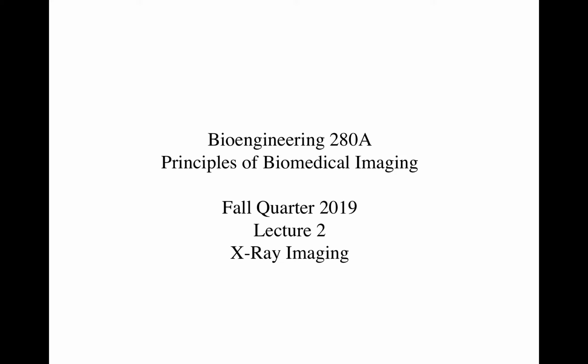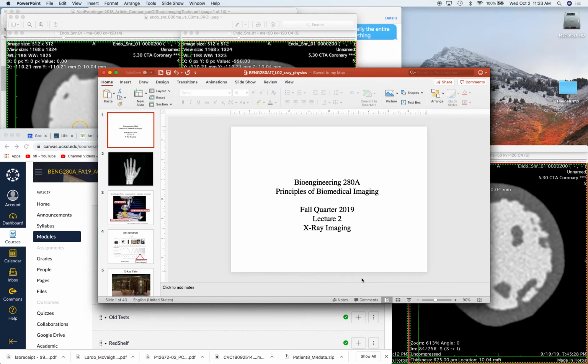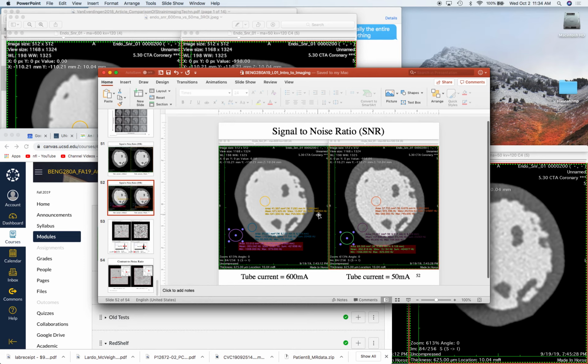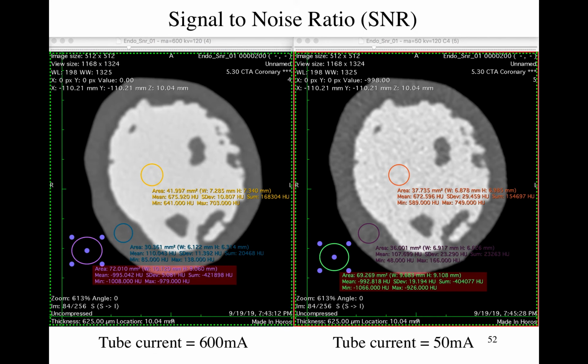So if we go back to the picture we had up a second ago, if I measure the signal intensity inside this region of interest and then divide it by the noise, that is the signal to noise of that material at that position, okay?